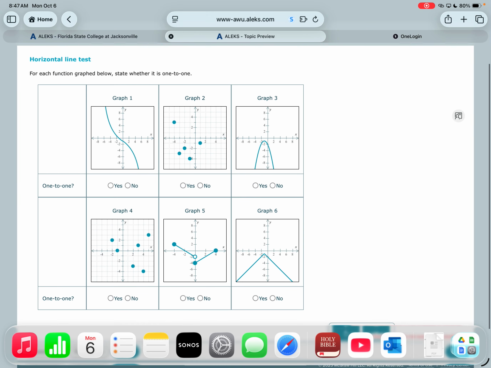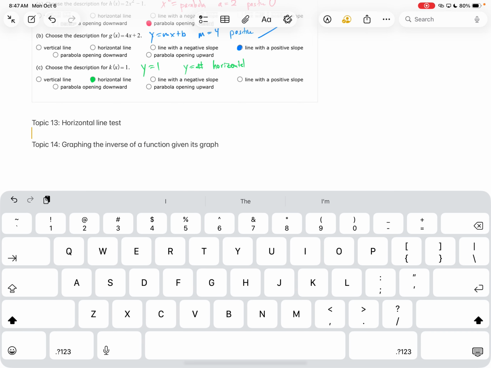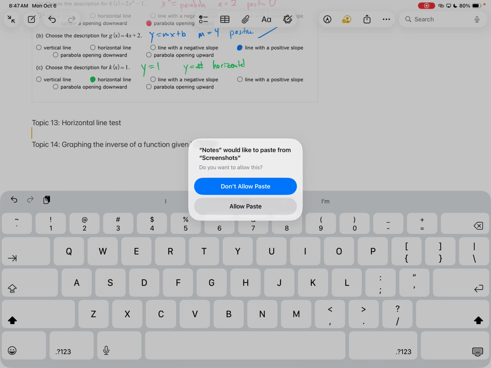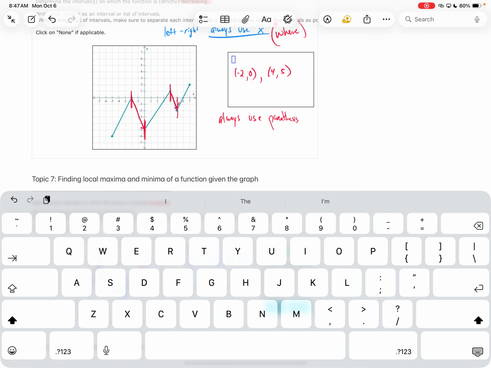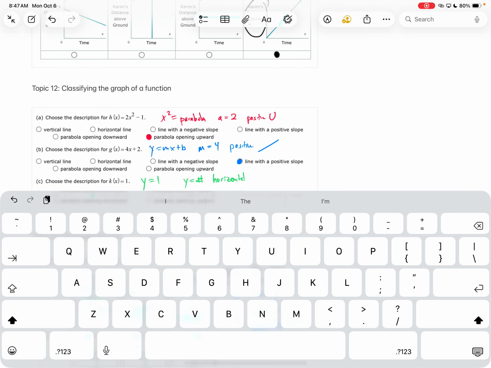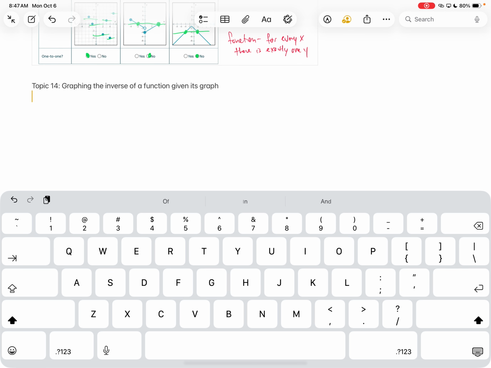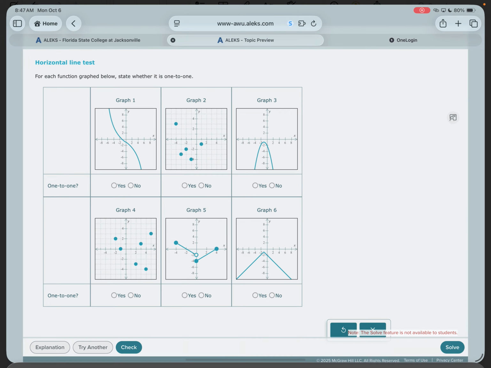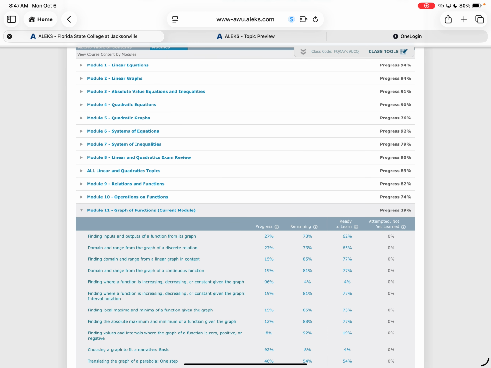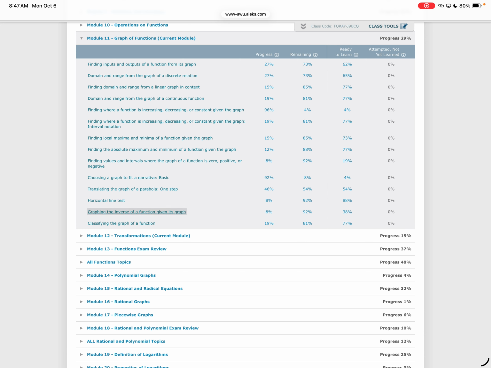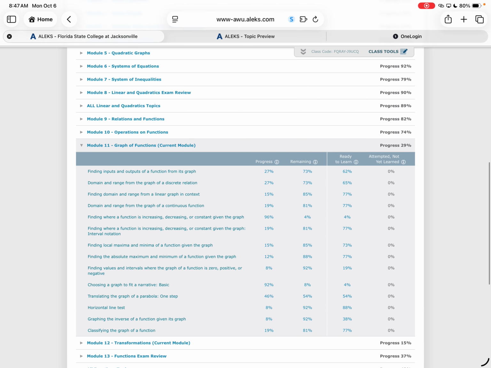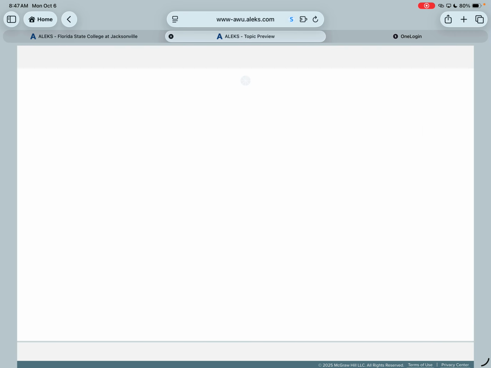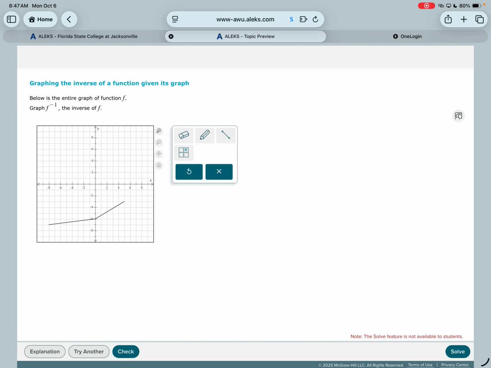So the horizontal line test, just like the vertical line test, is determining something about a function. Vertical determines if it's a function. Horizontal determines if it's a one-to-one function. We'll talk more about inverses throughout the class, but in order for a function to have an inverse, it has to be one-to-one. That's why we start with that.